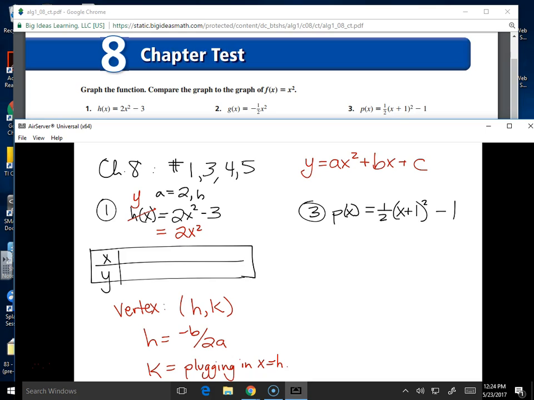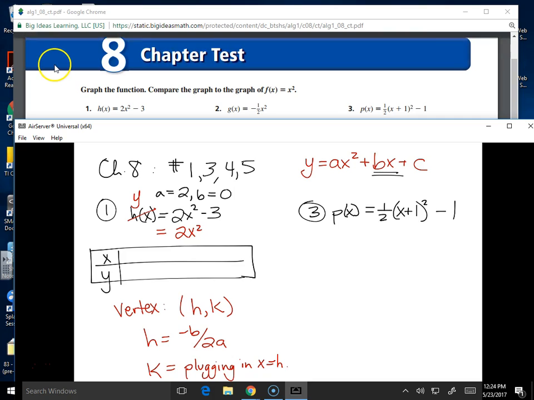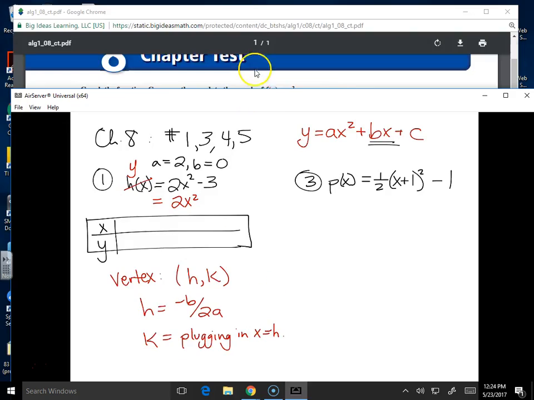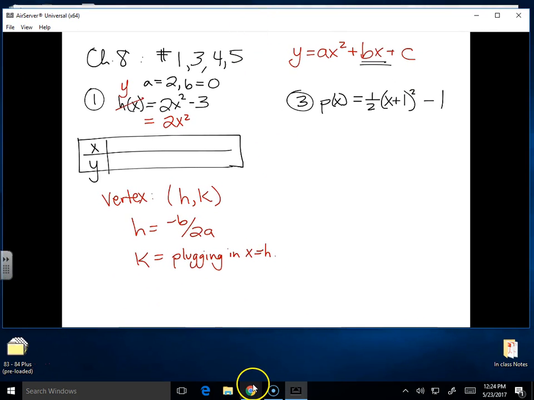What's b though? 0. Why is it 0? Because there is no x term. b is 0, but what's c going to be? Negative 3. Good. So b equals 0 and c equals negative 3. If it helps you, you could rewrite the quadratic as 2x squared plus 0x minus 3, so you can see the a, the b, and the c a little bit clearer.